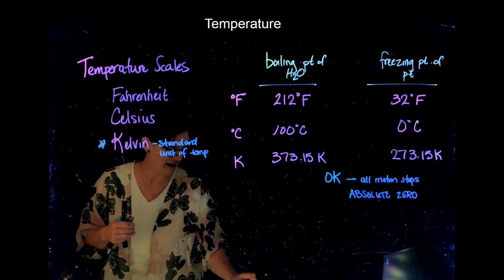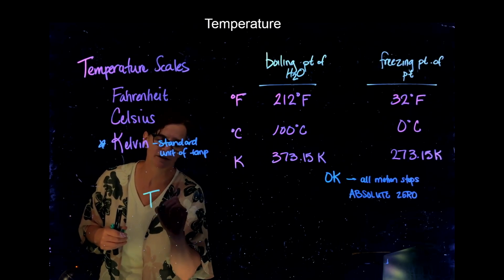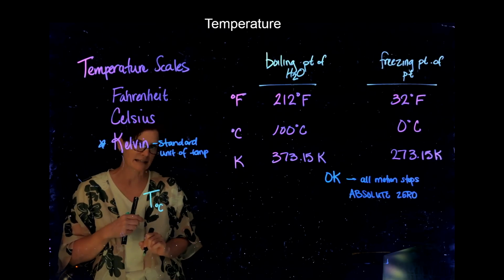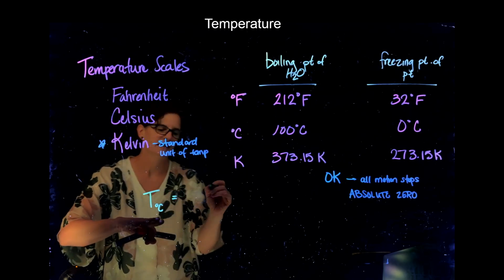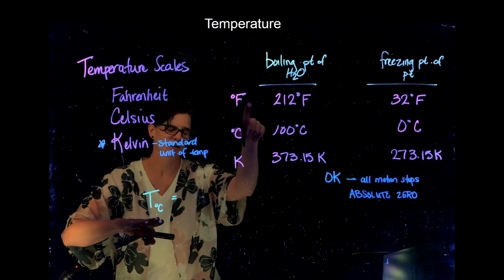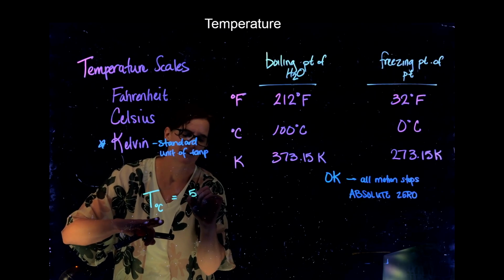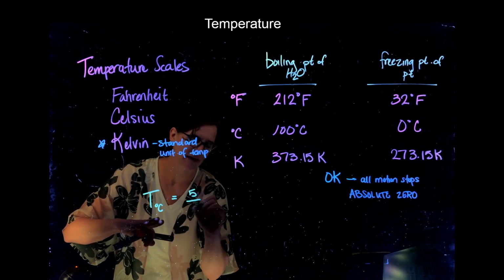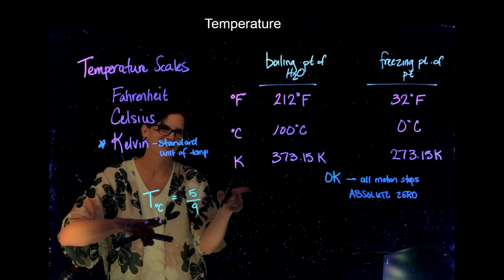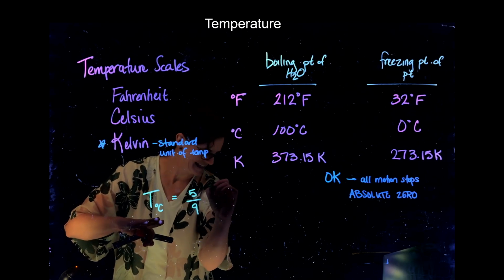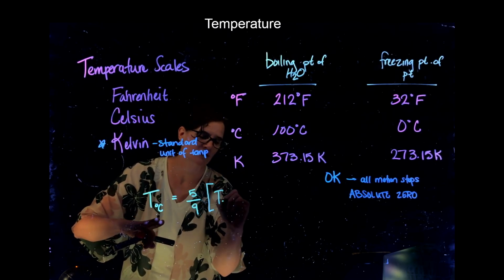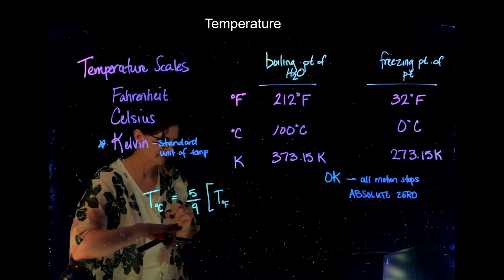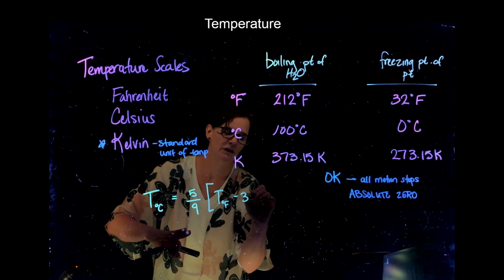If I want my temperature in degrees Celsius and I have my temperature in degrees Fahrenheit, the conversion from Fahrenheit to Celsius is 5/9 the temperature in Fahrenheit minus 32.